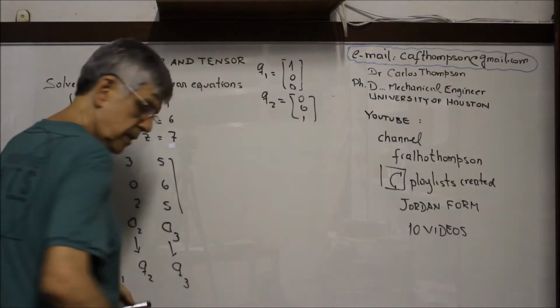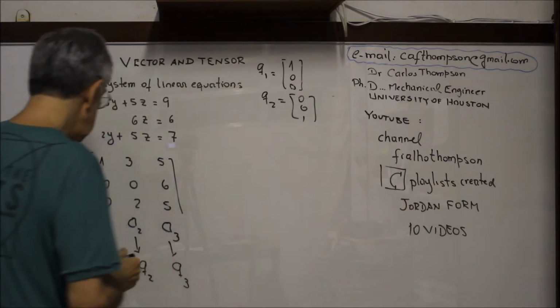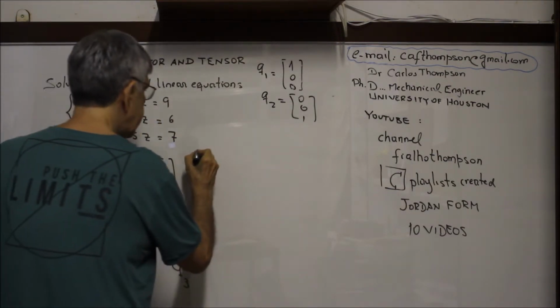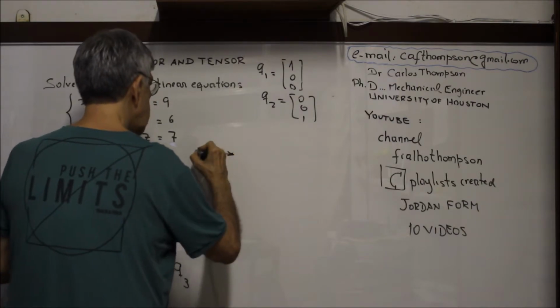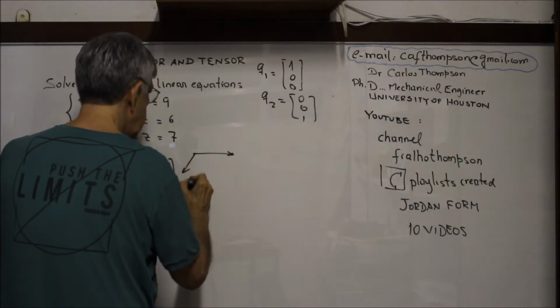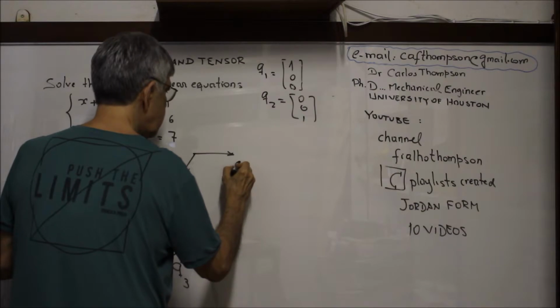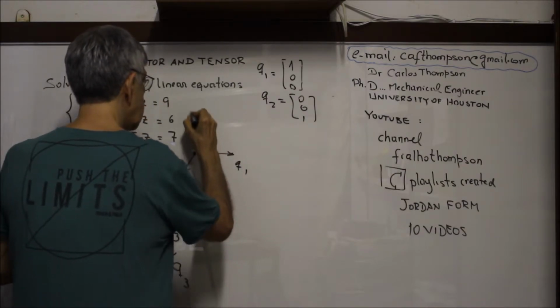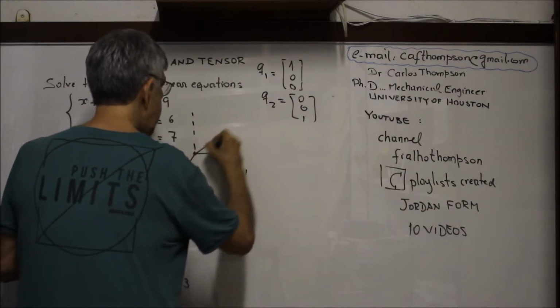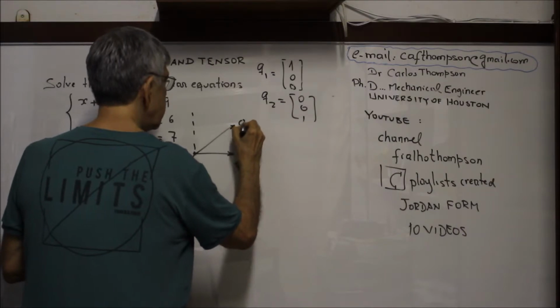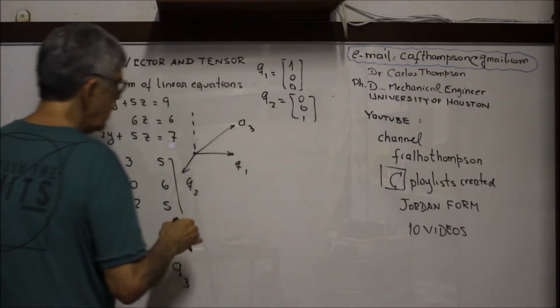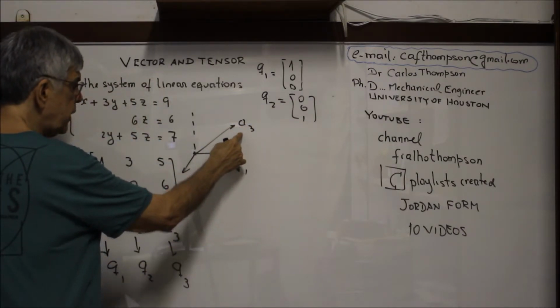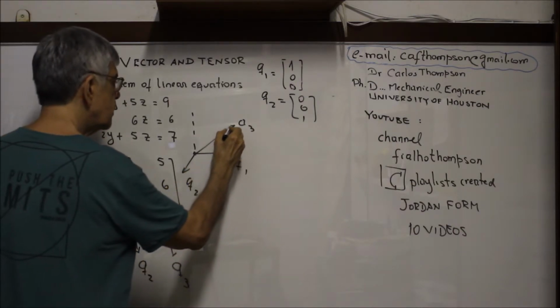Again, I have a plane. Q1, Q2, this Q1. I have a vector here, A3. See? Now I'll project A3 here. Let's do this.